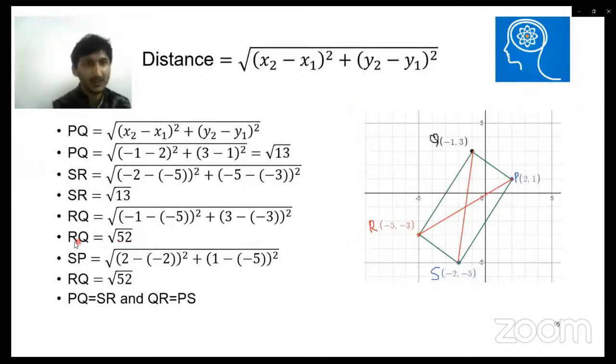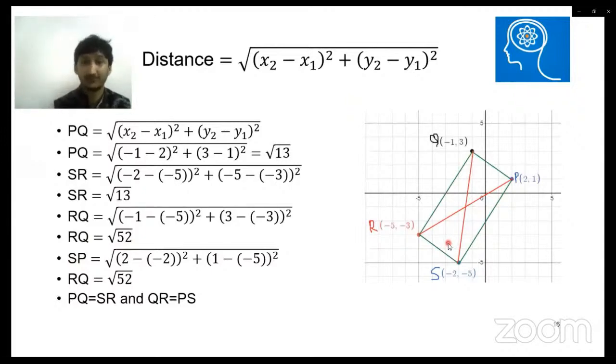So RQ is equal to root 52. See what SP comes to, SP is also root 52. So PQ is equal to SR and QR is equal to PS. From this we prove that the opposite sides are equal. Since opposite sides are equal, we have said this is a parallelogram.